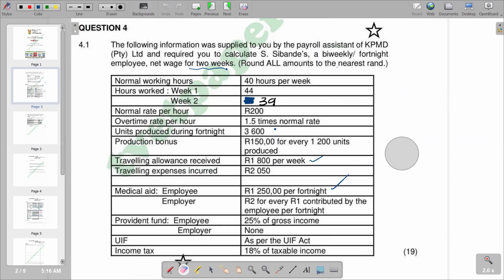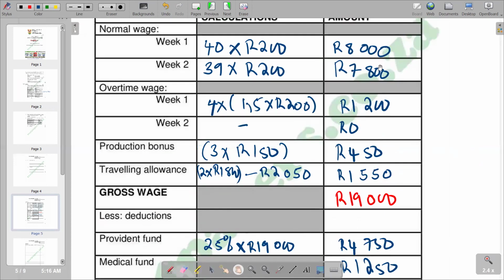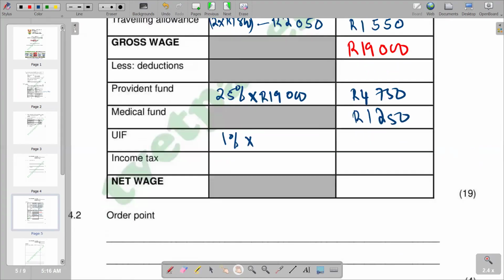We know that the Act says 1% times your normal wage, which we calculated: normal wage is 8,000 plus 7,800, and you get 15,800. That's your normal wage. We'll calculate, and we get 158 rands.